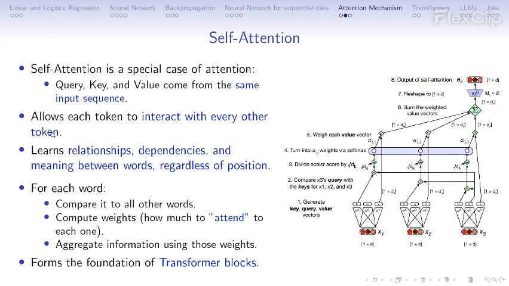Token means every word in this case, and we allow each token to interact with each other and learn relationships or dependencies and meaning between words. So regardless of position, it solves the problems we raised earlier. For each word, compare it to all other words, compute weights for how much to attend to each one. So it aggregates information using those weights.